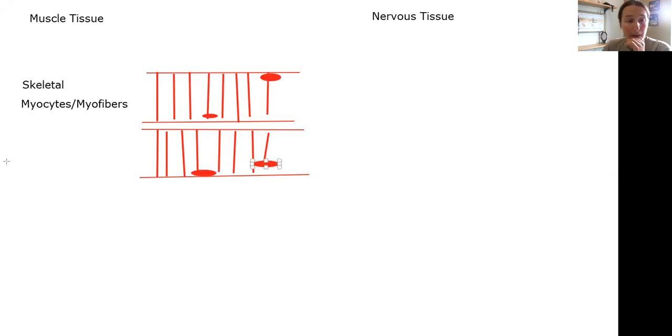Okay. As opposed to the smooth muscles. All right, so the smooth muscle is found within our organ visceral walls. All right, so this is what gives motility to our organs.